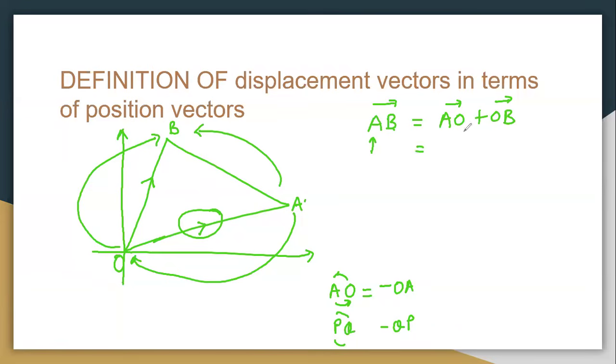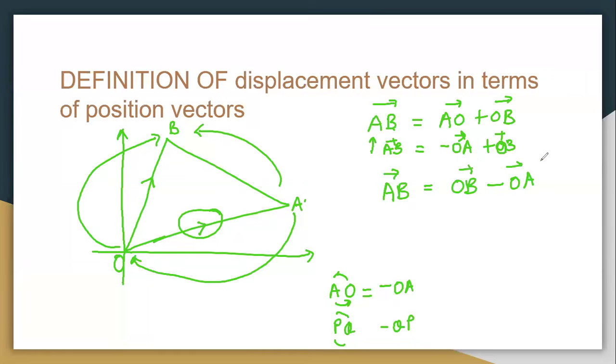So that means your A to O is the same as negative O to A, then plus O to B. And in mathematics, it is always better you meet a positive person before you meet a negative person. Like when you wake up in the morning, it is always better that the people you meet first are the people who are going to give you positive energy. So it's better you start with a positive, which is OB, then minus O to A.